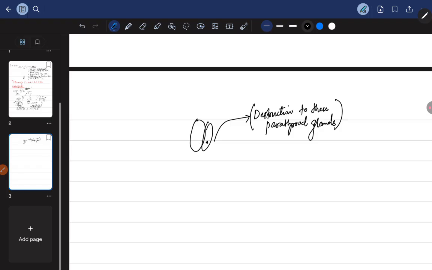There will be decreased secretion of PTH. Or if these parathyroid glands are absent, that will also lead to decreased or absent PTH hormone. Now what are the conditions that lead to the destruction of the parathyroid gland?